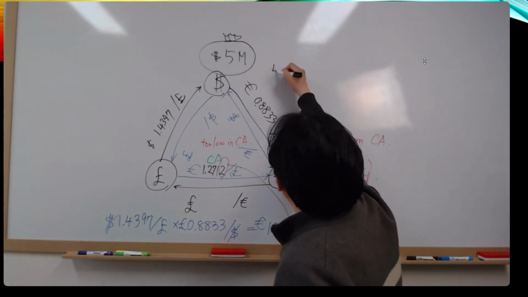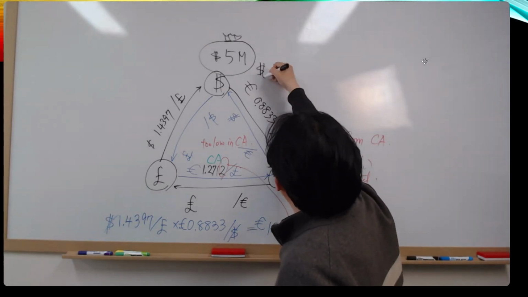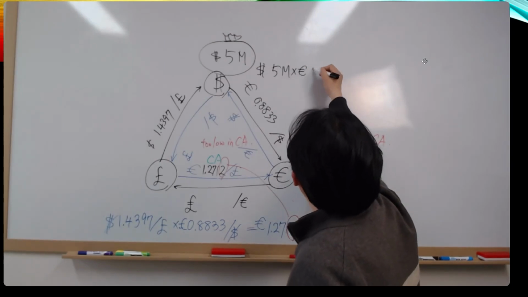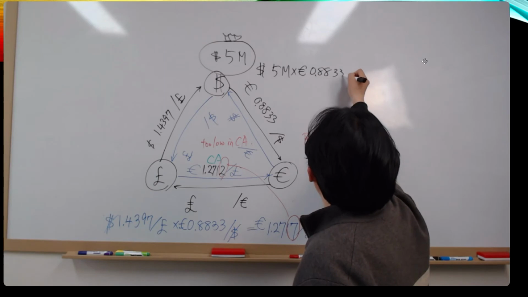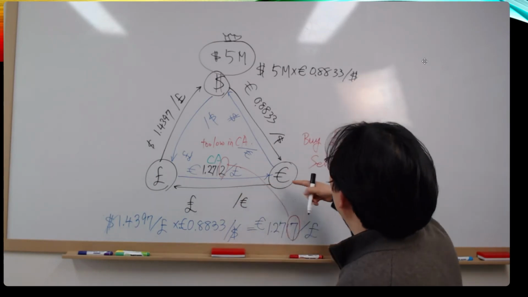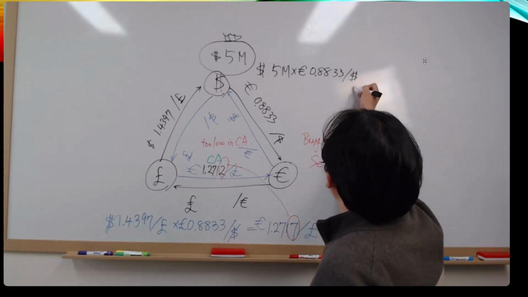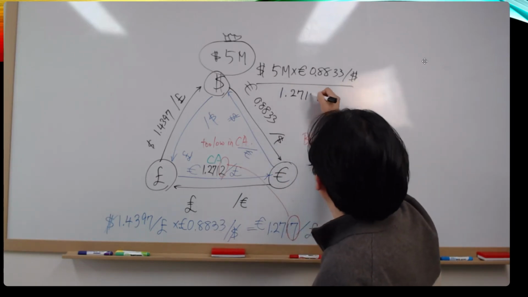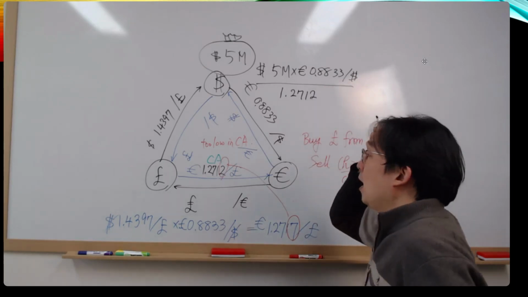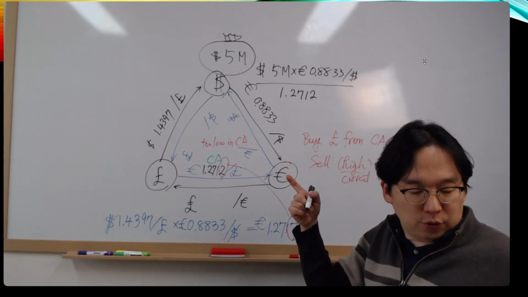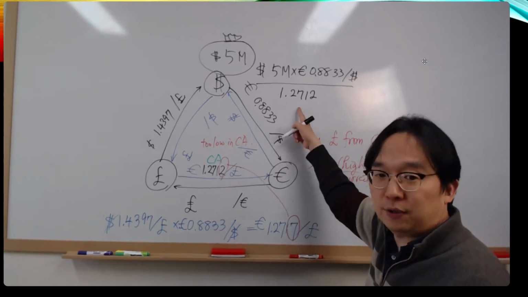So 5 million US dollars, and then convert it into the euro per dollars, right? And then convert it into British pound, 1.2712. Remember, this one goes into your denominator.